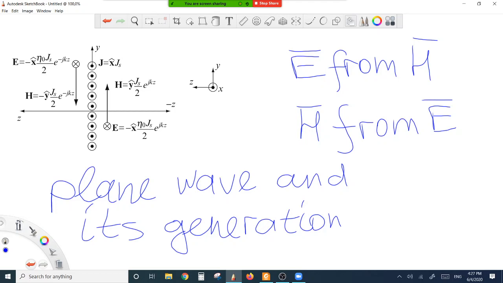So suppose that we have built an infinite sheet of current with a total line current density of Js.